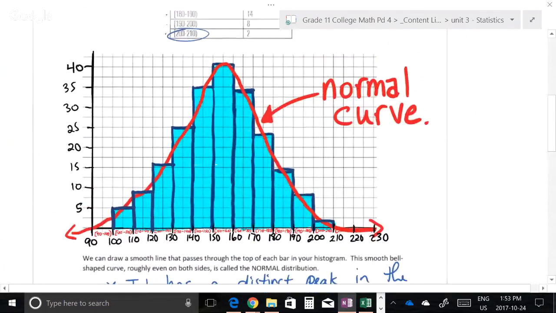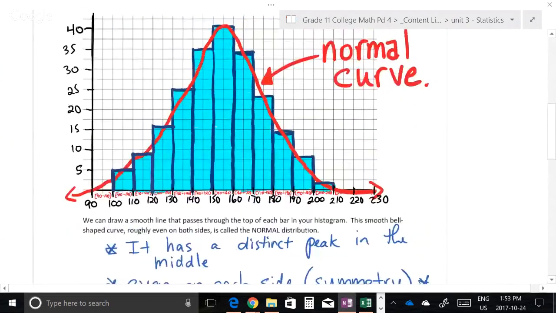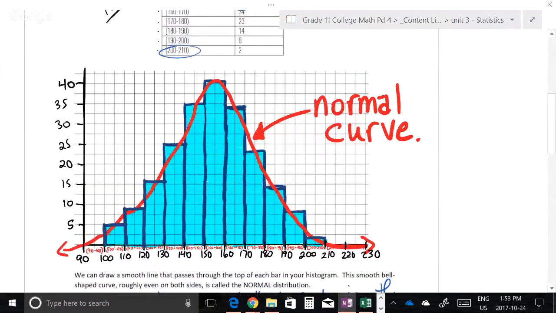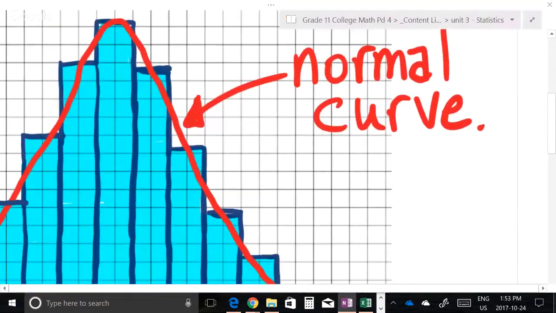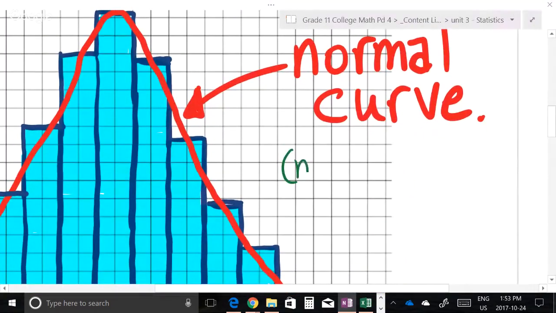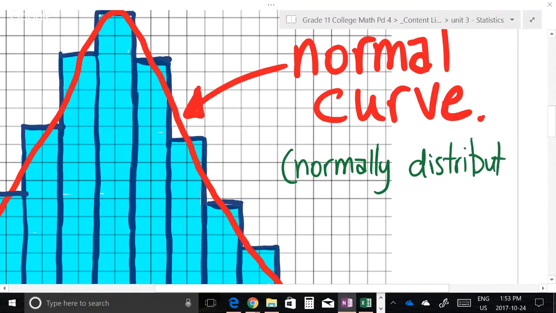So this shape is called the normal curve. And when anything is shaped like this, we say that it is normally distributed. Okay, that's a phrase we want to know. So anything that has this shape is normally distributed. And you know what's interesting? A lot of things in life that you wouldn't think would necessarily have a pattern look like this.